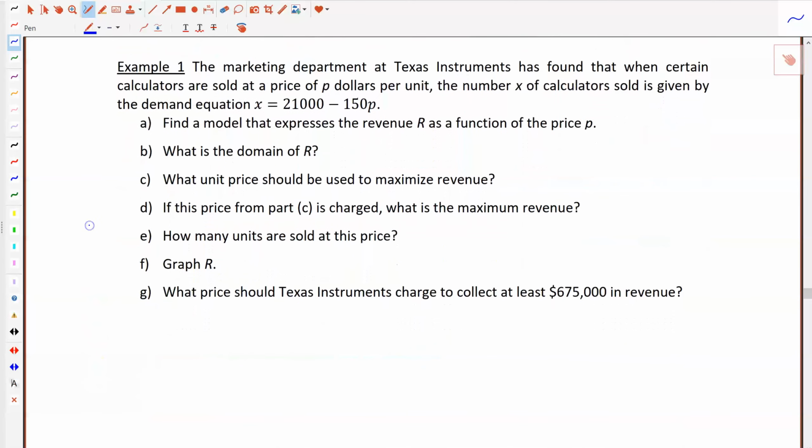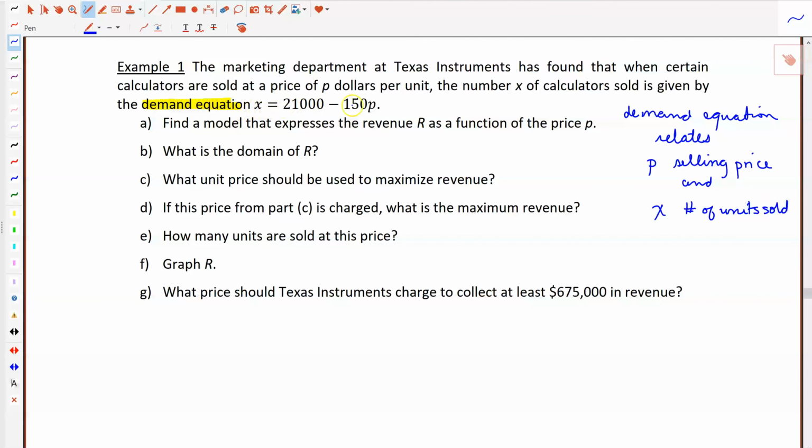So in this first example, a marketing department at Texas Instruments has found that when certain calculators are sold at a price of P dollars per unit, the number X of calculators sold is given by the demand equation X equals 21,000 minus 150 times P. Now this demand equation relates two variables to each other: P, which is the selling price of the item, and X, which is the number of units sold.